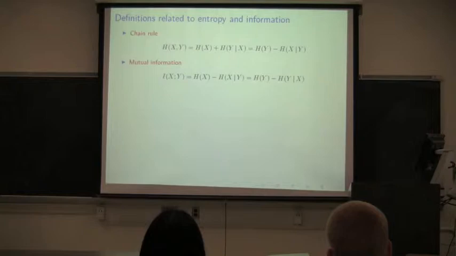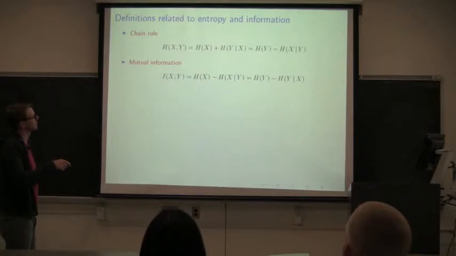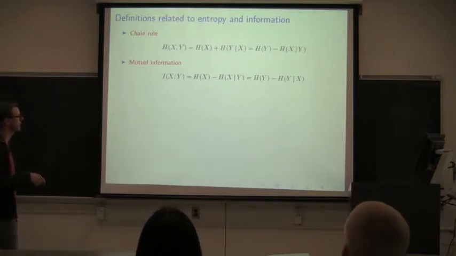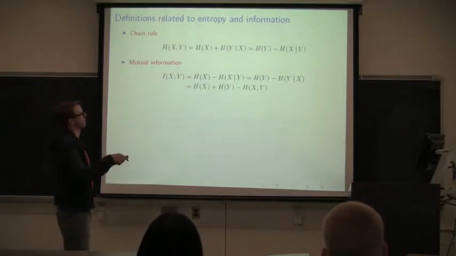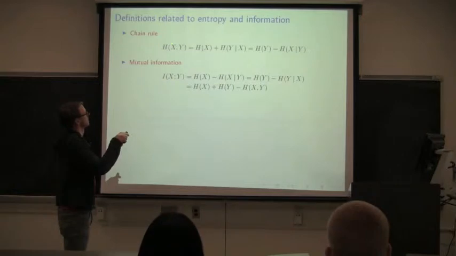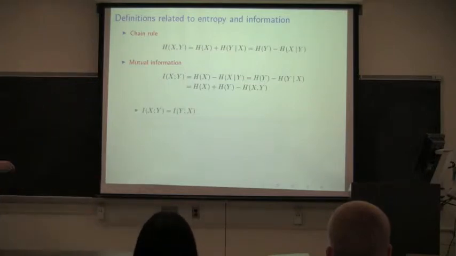The mutual information is now defined as the entropy of x minus the entropy of x given y, which is the same as the entropy of the individual variables minus their joint entropy, and for that reason it's symmetric.